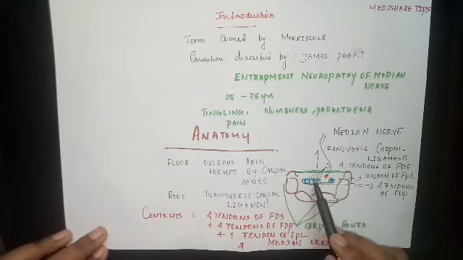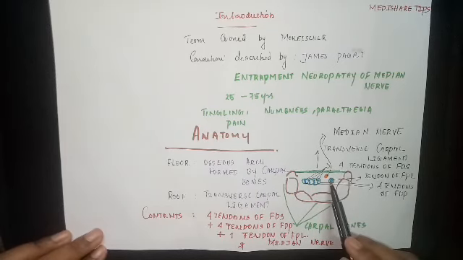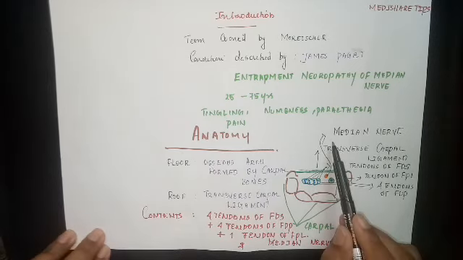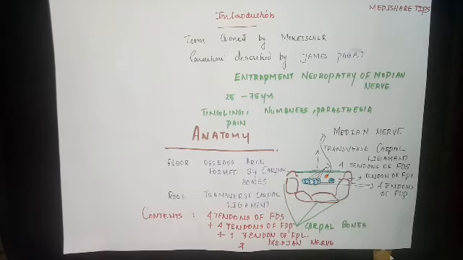These 8 tendons are enclosed in a single sheath, and the single tendon of flexor pollicis longus is enclosed in another separate sheath, and there is the median nerve. Totally there are 9 tendons and a single nerve in the carpal tunnel.